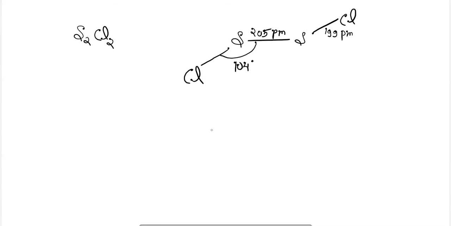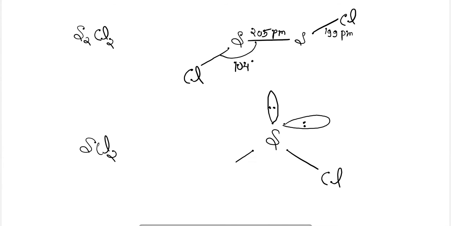For the structure of dihalides, SCl2, it will be sulfur with two lone pairs and two chlorine atoms, and the angle between the chlorine atoms here is 103 degrees.